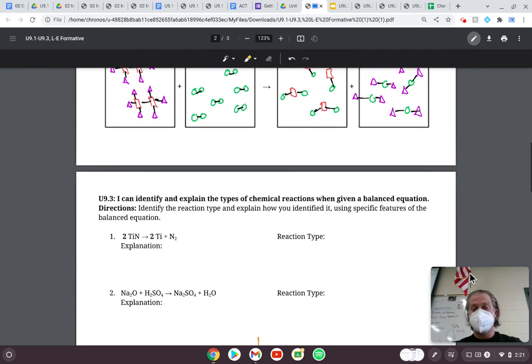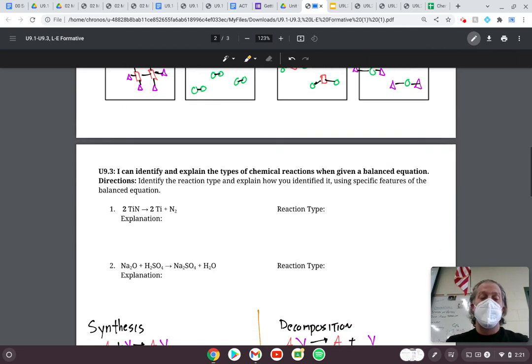Now, next one. Here you had to identify the different types of chemical reactions that were given to you in the balanced chemical equation. So the equation was already balanced. And you can go ahead and write the explanation. So I usually can start these by writing the explanation before I even do anything, because I'm just going to look at it and write what it looks like.